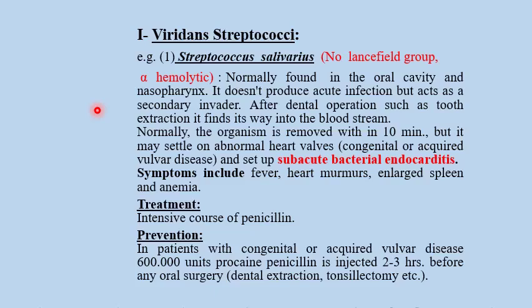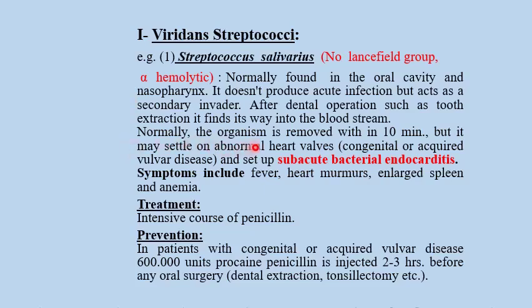The body gets rid of any organism that enters the blood within 10 minutes, it undergoes phagocytosis and there won't be any problem. But it may settle on abnormal heart valves. So if the heart has a problem and is abnormal, here the problem will happen. That's why we called it a secondary invader, meaning there must be a problem in the heart before this kind of infection happens.